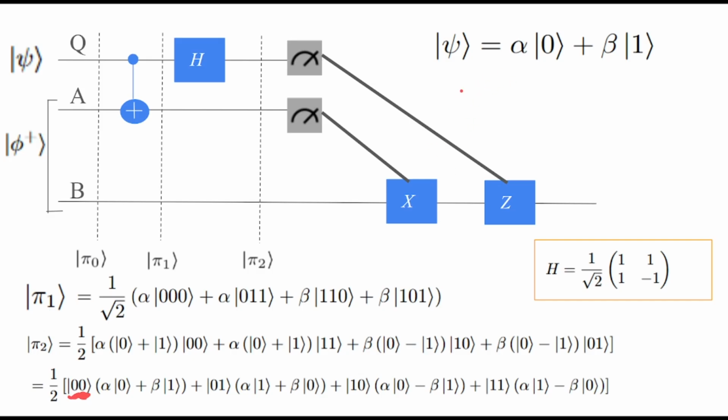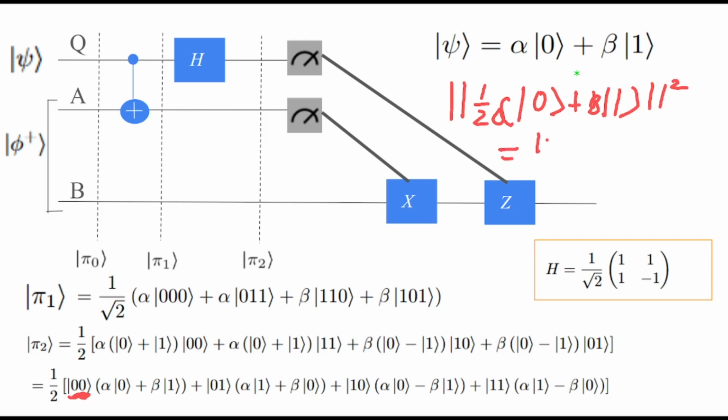The probability will be 1/4, which can be shown by taking the magnitude of the component, sorry about my horrendous handwriting, and taking the magnitude of that and squaring it, which is equal to the magnitude of a squared plus the magnitude of b squared.